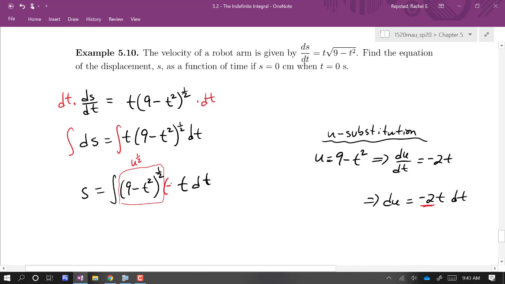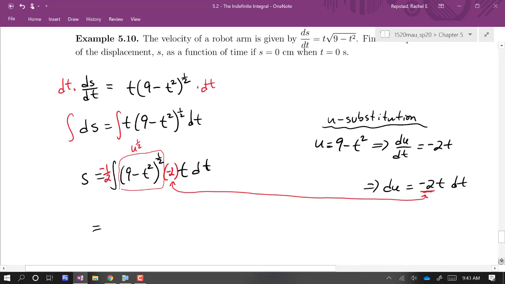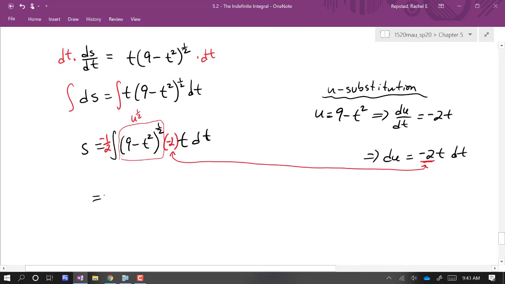So I'm going to throw in a factor of negative 2, and I'm allowed to do that as long as I put its reciprocal on the outside. So I'm putting a negative 1/2 on the outside to compensate for that. Now I'm going to write it with u's. So I have negative 1/2 integral, this is u to the 1/2, and now this piece on the end, that is du.